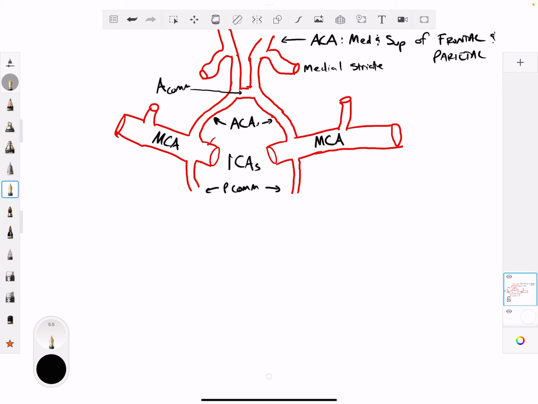This serves the internal capsule and the basal ganglia. Okay, fun fact here. The medial aspect of the frontal lobe served by the anterior cerebral artery, that's going to be more legs.